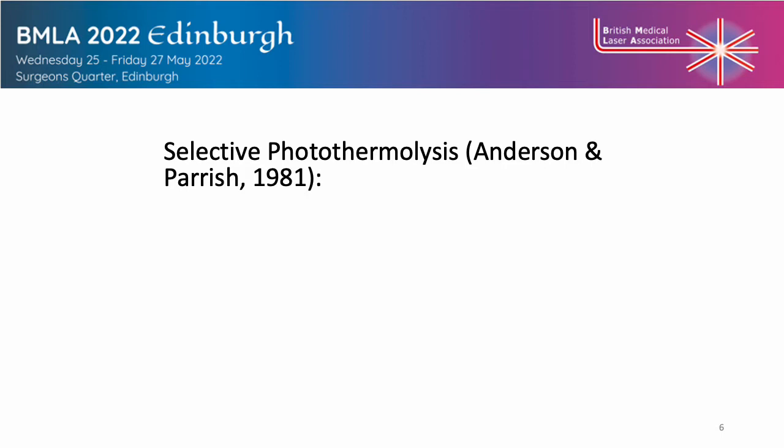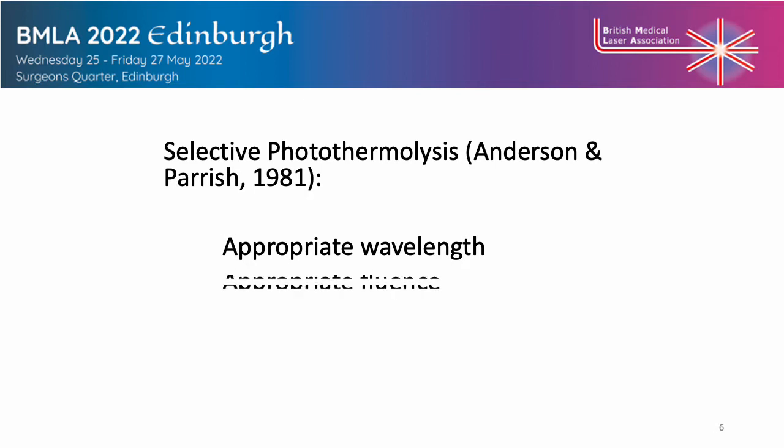The idea of thermal relaxation time was introduced by Anderson and Parrish back in 1981 when they proposed the theory of selective photothermolysis. The idea behind this was to target something in the skin using an appropriate wavelength, which would maximize absorption in that target, an appropriate fluence to ensure that we generated the right sort of temperatures, and also the appropriate pulse width.